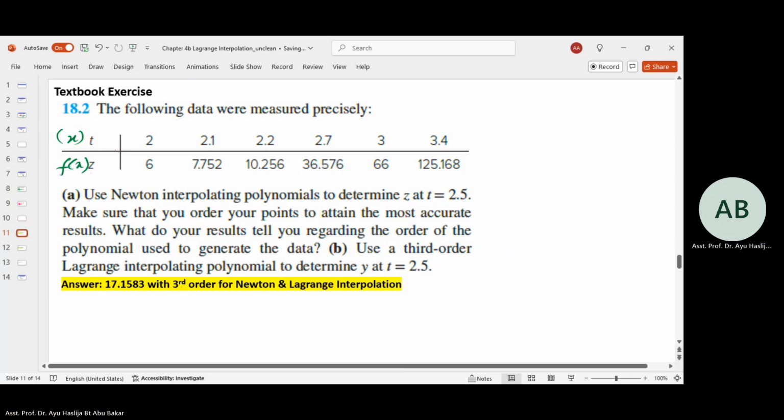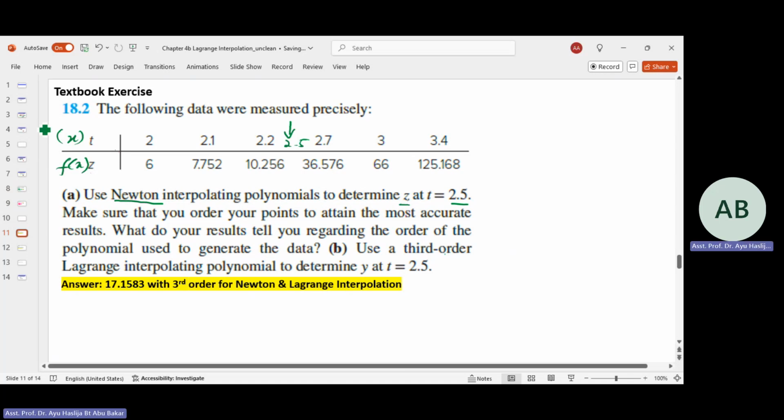Now the question asks you to find for A, using Newton to determine Z at T equals 2.5. So your X is 2.5. Use third order.